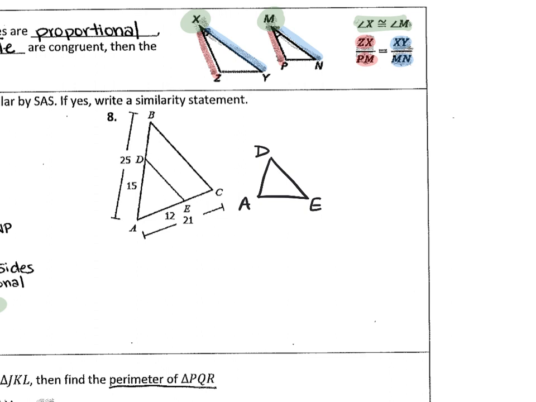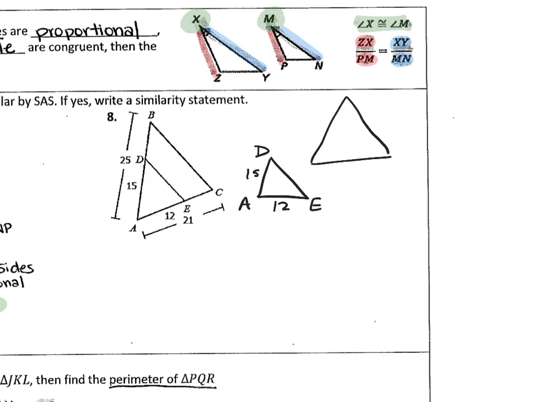Do we see what I'm doing here? What number should I put on AE? What number is between A and E? 12. What number should I put on AD? 15. Okay, then we draw our bigger triangle.